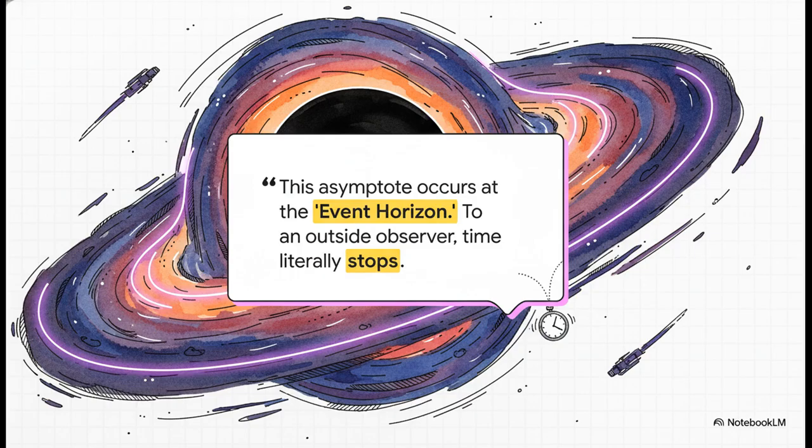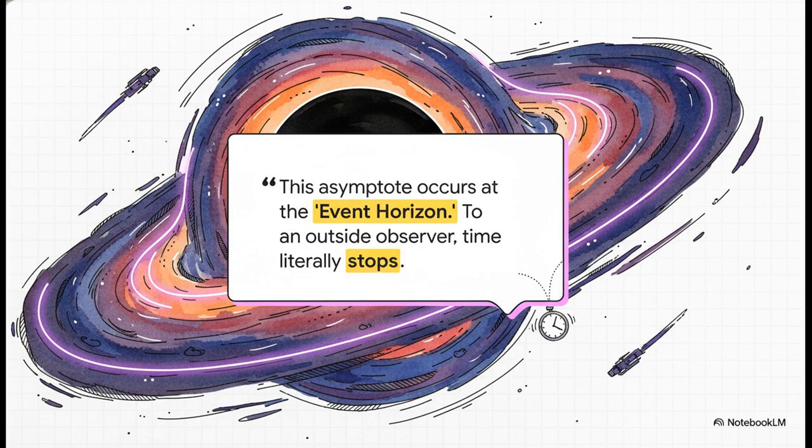And this isn't just a line on a page. This mathematical boundary has a real name. It's the event horizon. It's the point of no return. As something gets closer and closer to this asymptote, the equations show that time itself stretches towards infinity. So to us, watching from far away, it would look like time for that object just stops, literally stops.